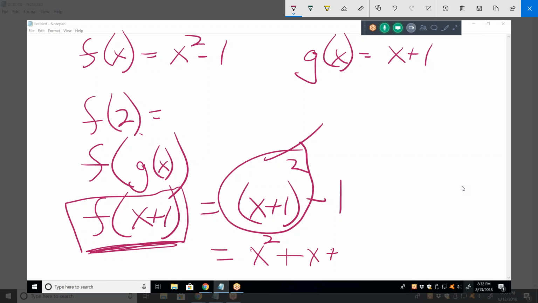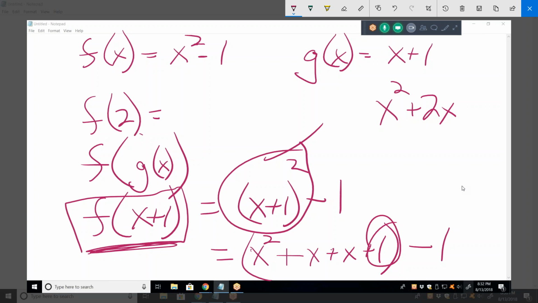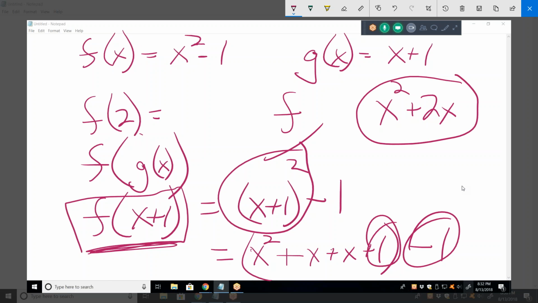It's actually plus x plus 1 minus 1. In other words, that is what x plus 1 squared is. So what we end up with is x squared plus 2x. This plus 1 and this minus 1 cancel each other out. So this is what f of g of x is equal to.